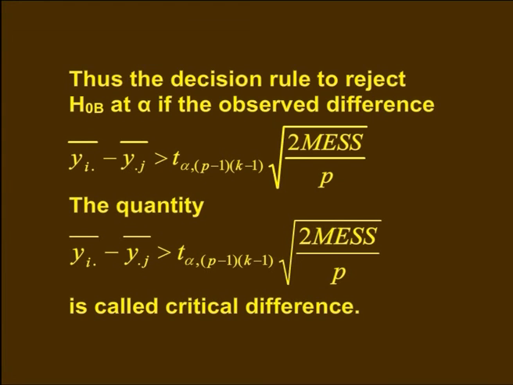This quantity is called the critical difference. That means, whenever y bar dot i minus y bar dot j is greater than the right hand side quantity, we reject the hypothesis. That means the pair of blocks or the groups i and j are significantly different.